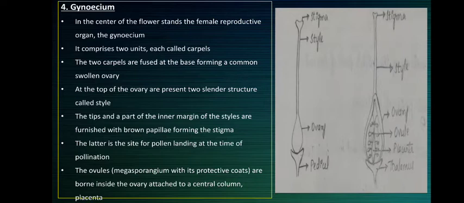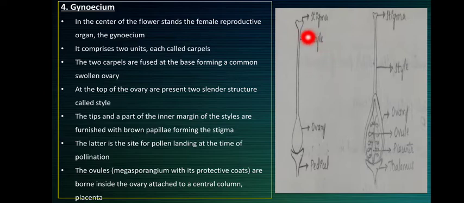Gynoecium. In the center of the flower stands the female reproductive organ, called the gynoecium. It comprises two units, each called a carpel. The two carpels are fused at the base, forming a common swollen ovary. At the top of the ovary are two slender structures called styles.